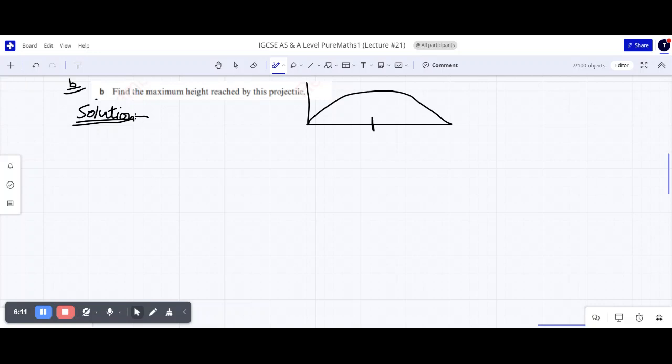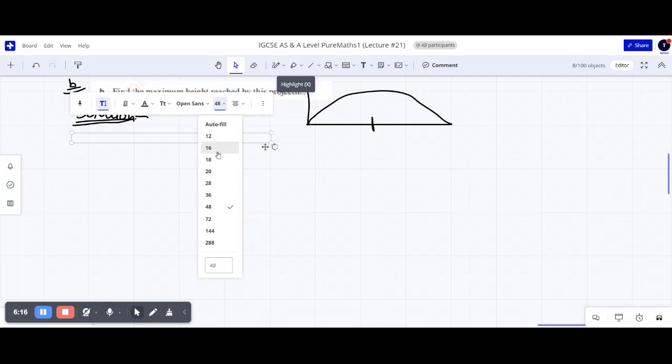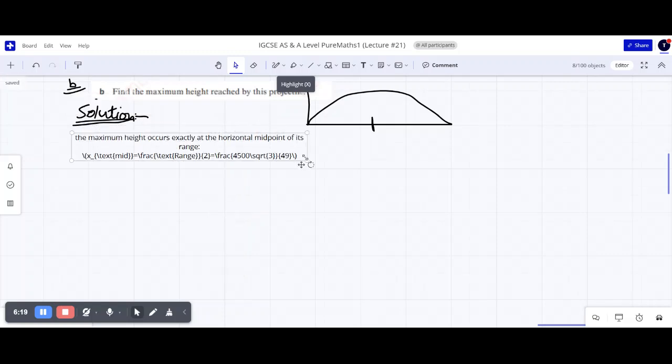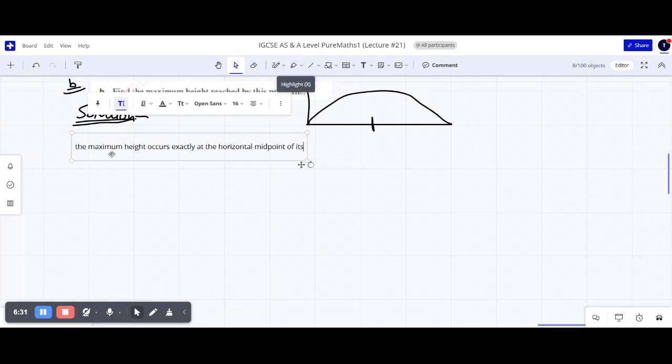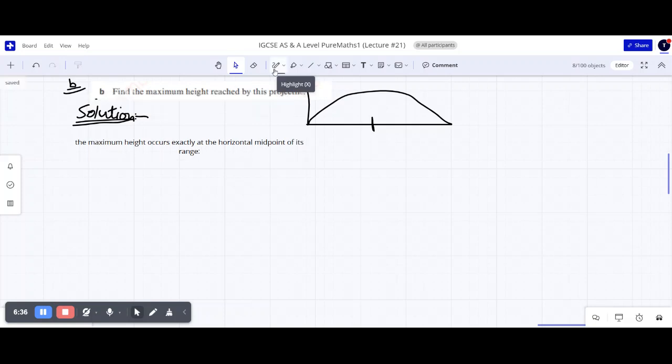So the x midpoint is equal to the range divided by 2, because half in mathematics we do by dividing by 2.